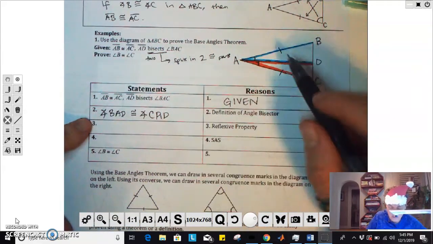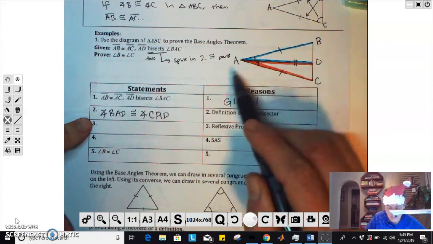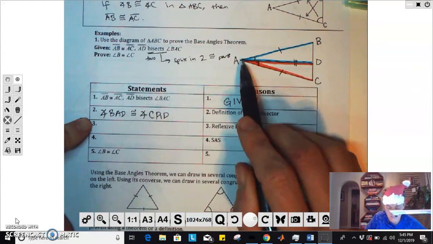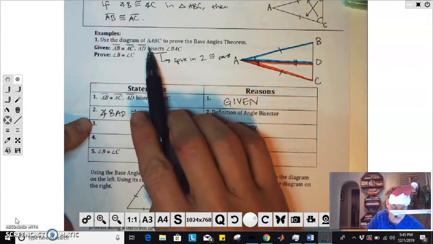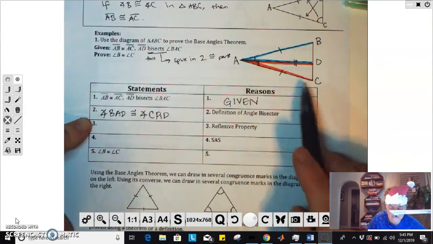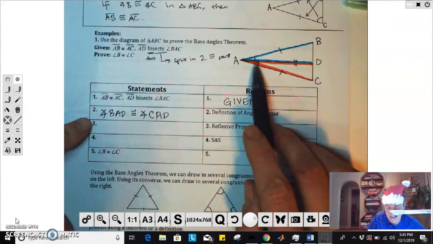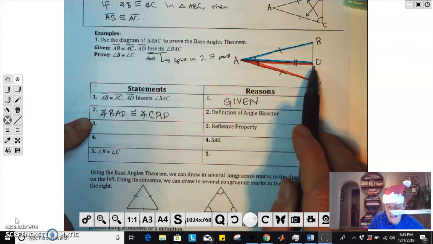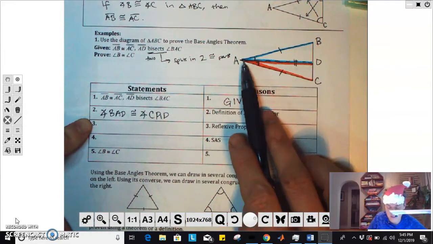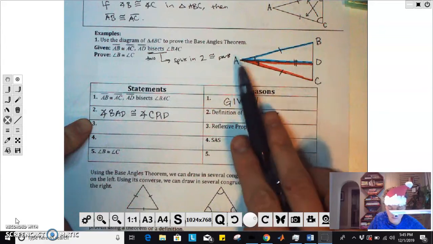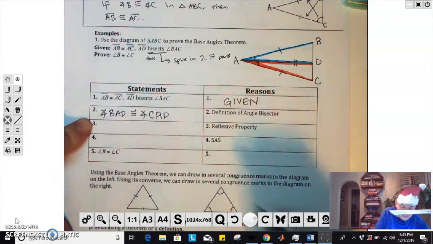So we did that, remember, and then we're like, oh, well, we split this down the middle perfectly because it said so. Bisects, splits into two congruent parts. And now we have this shared segment between these two triangles. And when you are the same as yourself, you're congruent by the reflexive property.